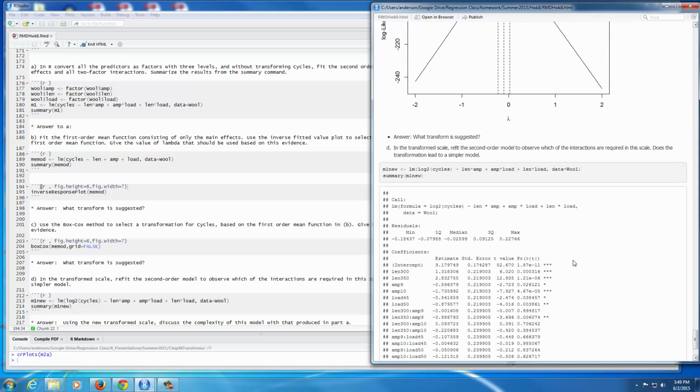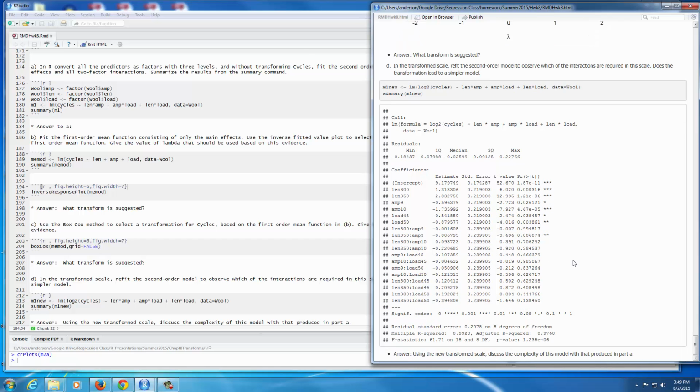And then in part D, we are going to refit the model with a transform of cycles, a logarithm transform of the response variable, and we print out the summary of that particular model.